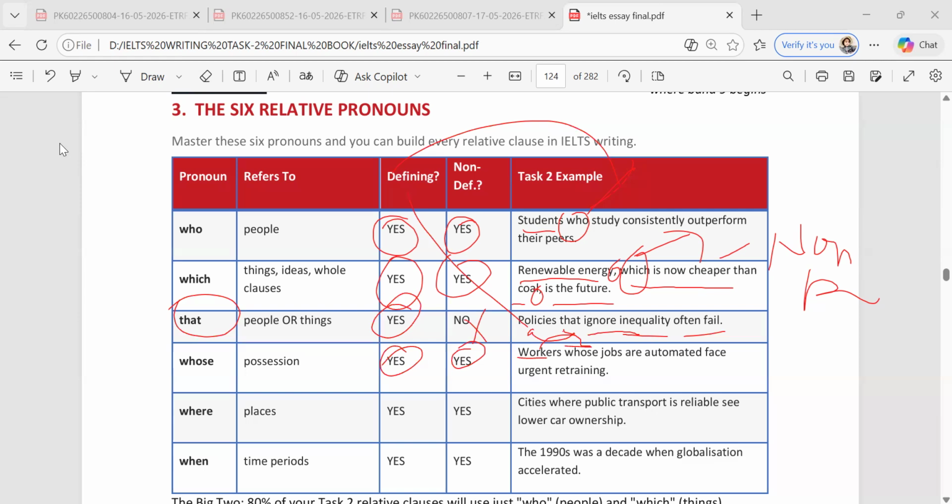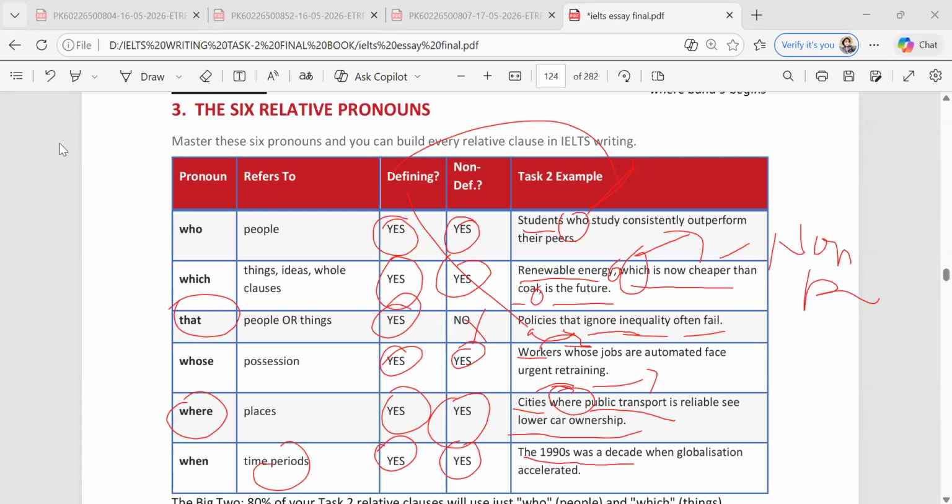And then we have where. It is used for place, for both. Cities where. Say you want to write about public transportation, so you can say cities where public transportation is reliable. Can you see? I have used a relative clause. Is reliable sees lower car ownership. And when we use it for time, it can be used for both defining and non-defining.